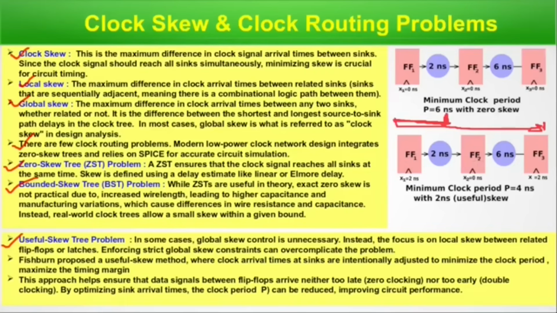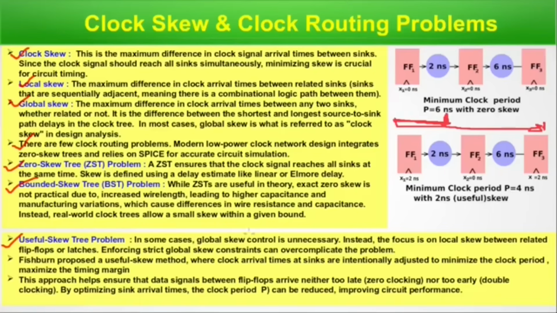Between FF1 and FF2, because of a combinational logic path, the signal takes 2 nanosecond, so when reaching FF2 it's basically zero skew. And when reaching here in 6 nanosecond, it effectively becomes 4 nanosecond with 2 nanosecond skew. So the minimum clock period becomes 4 nanosecond with 2 nanosecond skew.